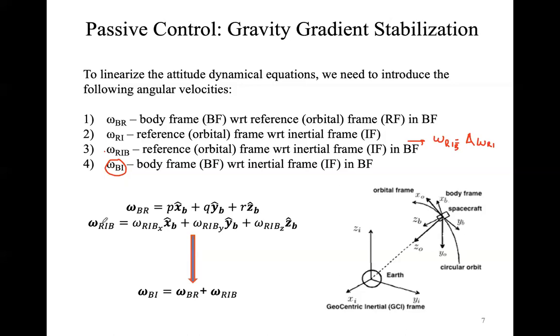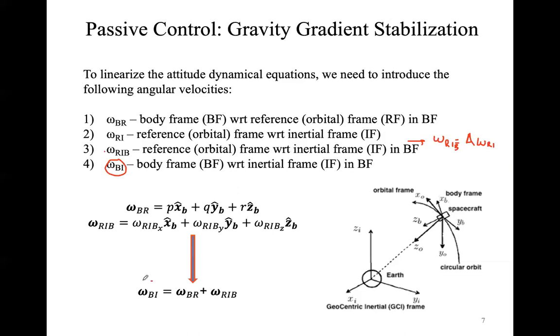The other component is omega Rib. So the reference frame with respect to the inertial reference frame, but in the body frame. What it means is that these are the components of the reference frame with respect to the inertial reference frame expressed in the triad xb, yb, and zb.